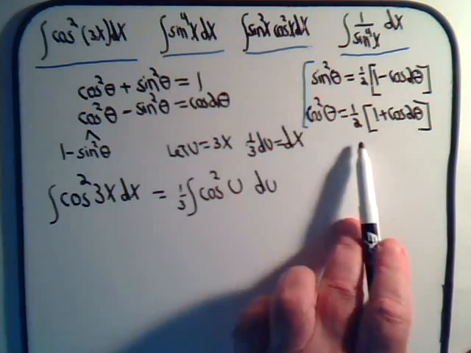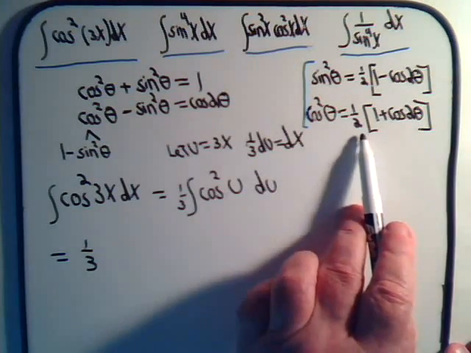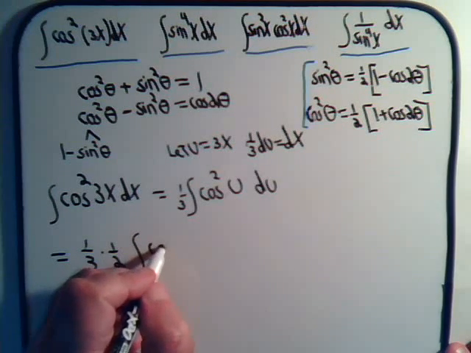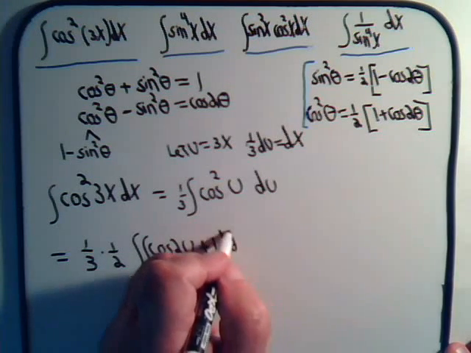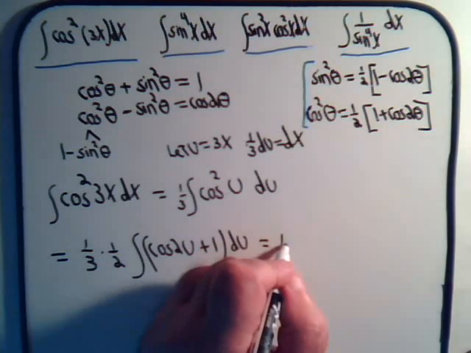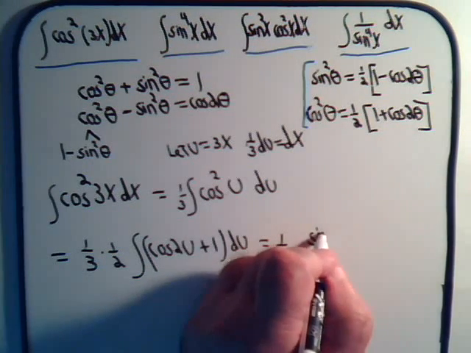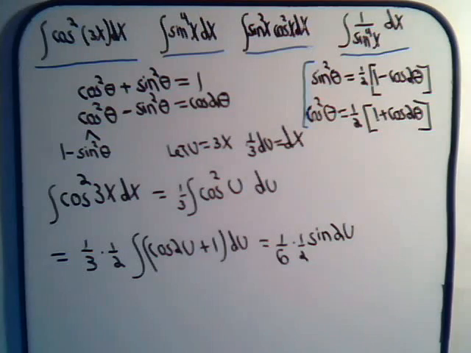Okay, now we're all set to apply the formula, so this would be equal to 1/3, and here we have a 1/2, so take that out to our integral sign. And now we're going to have the cosine of 2 times u plus 1 du. So this would be equal to 1/6. The integral of the cosine of 2 times u is the sine of 2 times u divided by 2.